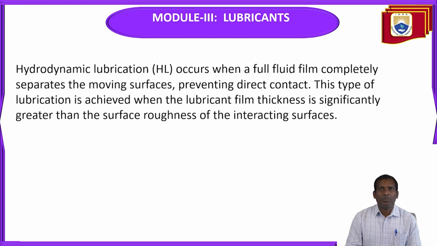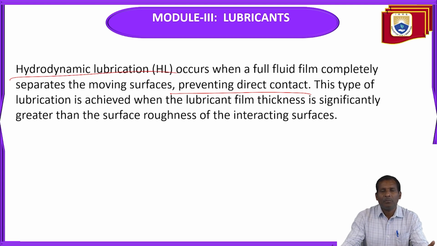Hydrodynamic lubrication, HL, occurs when a full fluid film completely separates the moving surfaces, preventing direct contact. In hydrodynamic lubrication, there is no metal to metal contact. Whenever there is metal to metal contact, there is wear and friction.